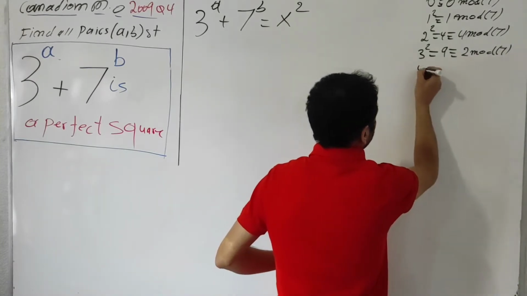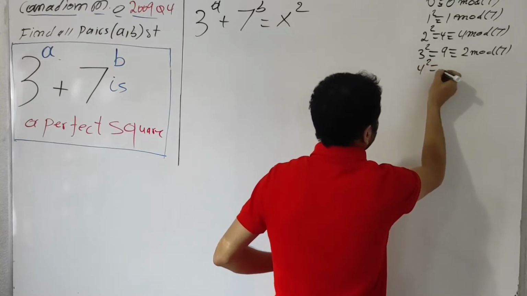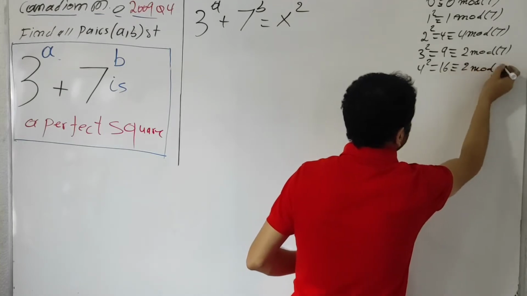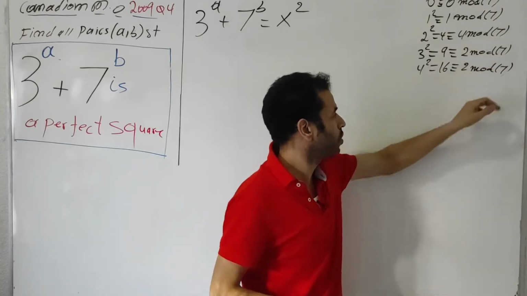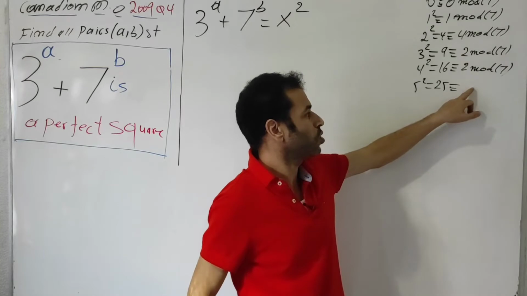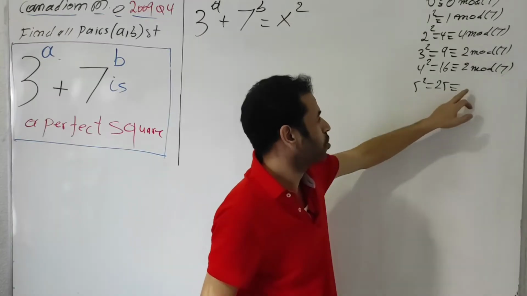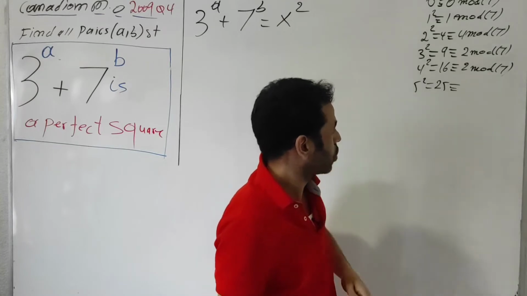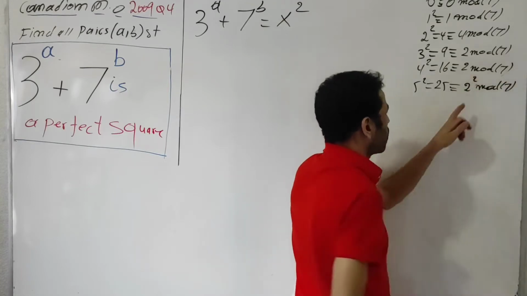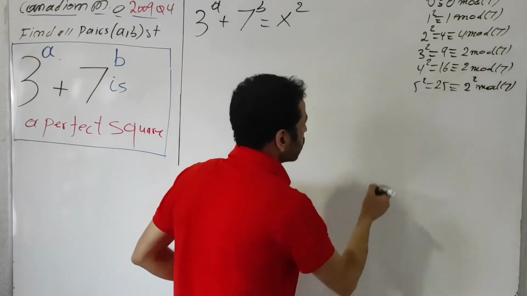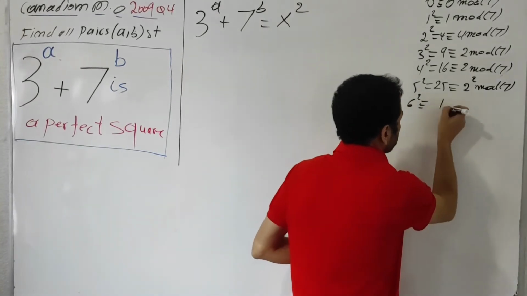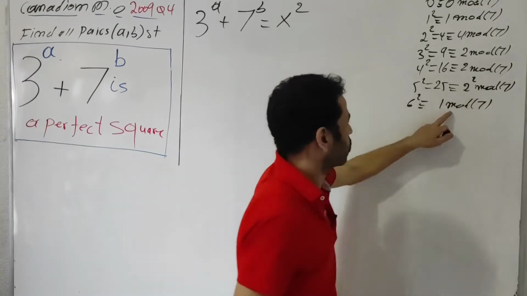Let's check the next term. 4 squared equals 16, which is congruent to 2 mod 7, because 16 is 2 more than 14. 5 squared equals 25, which is congruent to 4 mod 7, because 25 is 4 more than 21, the same as 2 squared mod 7. 6 squared is 36, which is 1 mod 7, because it is 1 more than 35.